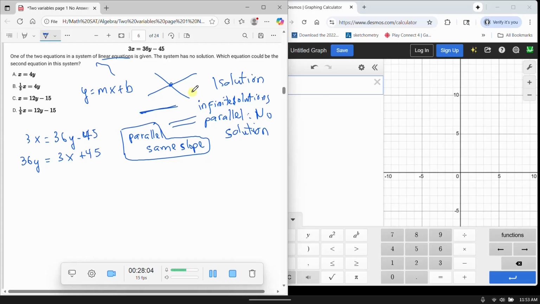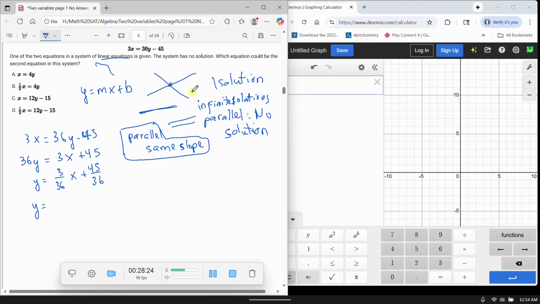Then if you notice that all the coefficients are divisible by 36, we can divide everything by 36, right? To get y. So here we go: y equals 3 over 36 x plus 45 over 36.